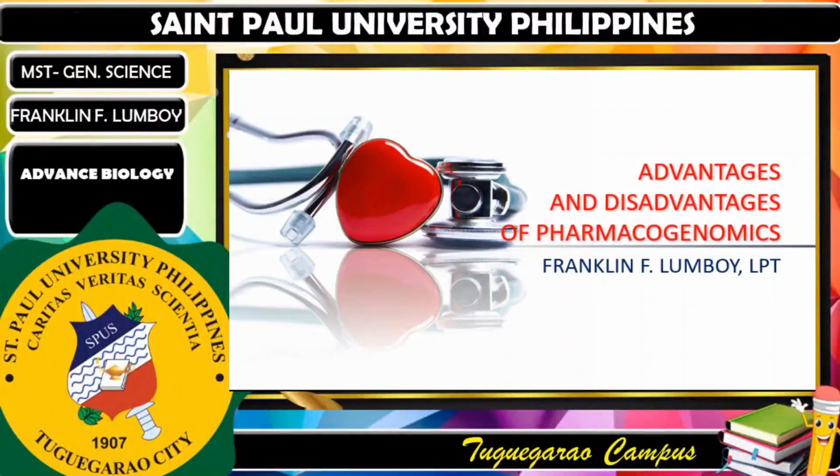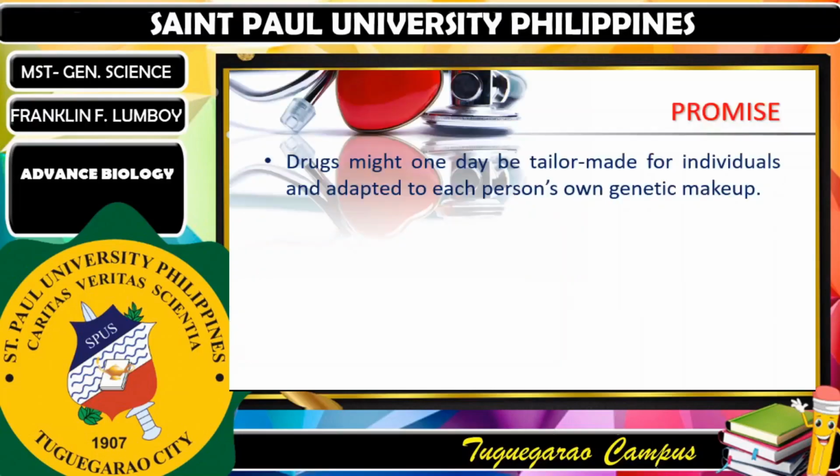Pharmacogenomics, as we know it, is the study of how an individual's genetic inheritance affects the body's response to drugs. The term comes from the words pharmacology and genomics, and is thus the intersection of pharmaceuticals and genetics. Pharmacogenomics holds the promise that drugs might one day be tailor-made for individuals and adapted to each person's own genetic makeup.